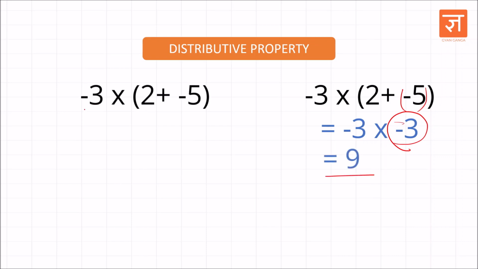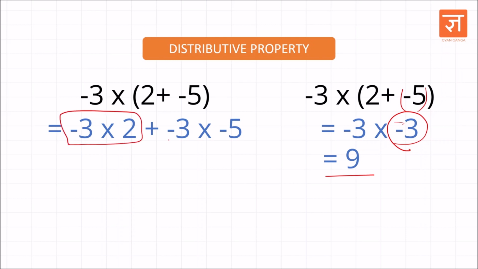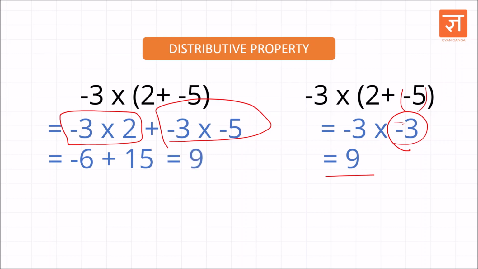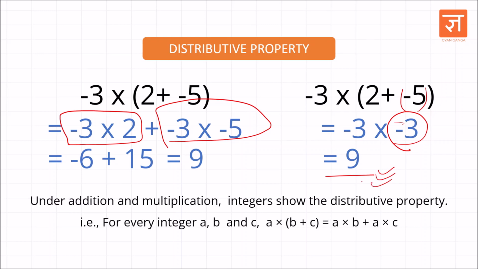If we expand, minus 3 into 2, minus 3 into minus 5, we get minus 6 plus 15, and the difference is 9. So yes, distributive property over addition. A into B plus C is equal to A into B plus A into C. If we do, both the ways are correct.